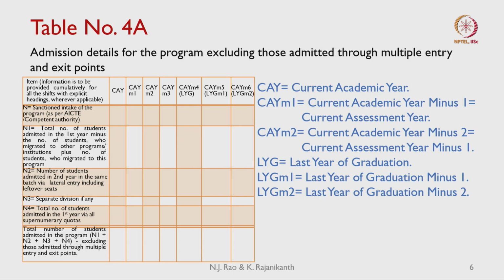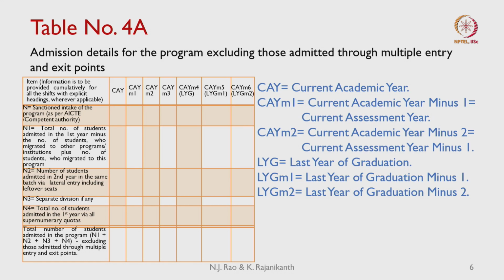First, we have to provide the admission details for the program, excluding those admitted through multiple entry and exit points. They will come elsewhere. Notice that NEP 2020 allows multiple entry and multiple exit points. Earlier we had only diploma students entering the second year as lateral entry students, but now NEP 2020 permits entry at any level.